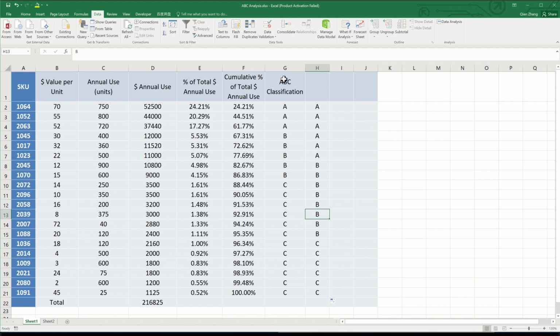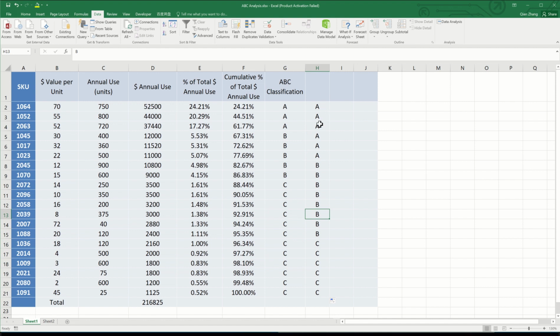When you classify the SKUs into different categories, do not forget about the percentage of SKUs. So do not involve too many SKUs in a category.